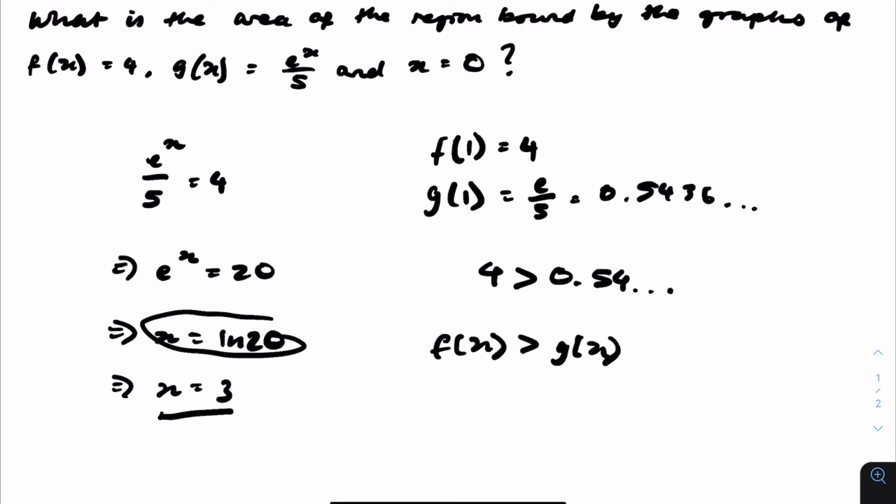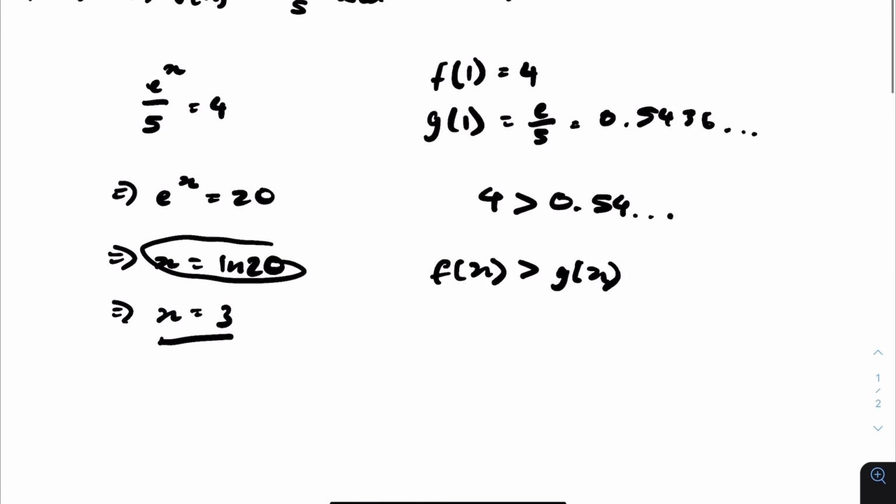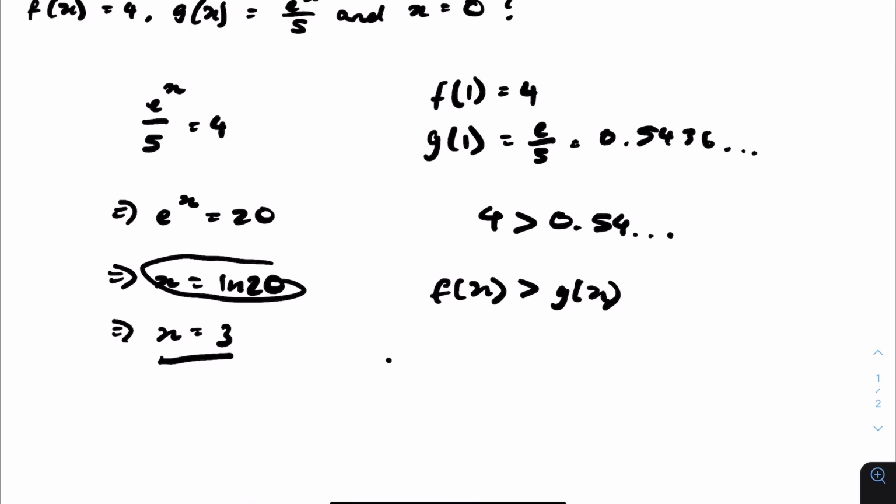So when we're writing out our integration statement, we use the bounds ln 20 and 0, but we're going to be doing this of the function f(x) minus g(x), which in this case is 4 minus e^(x/5) dx.